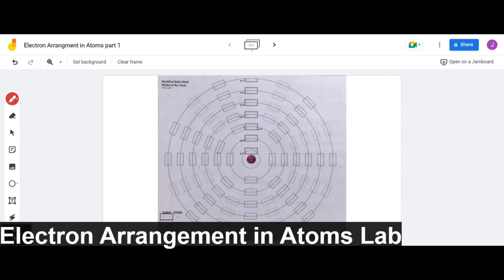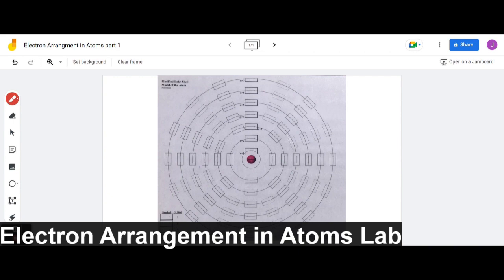electrons in atoms. What we're going to do is a screencast with a picture of each side of that laminated card and work through the same problems. The only difference is instead of using pencil erasers to make electrons, we'll make marks on the picture. So you will need a periodic table to complete this.